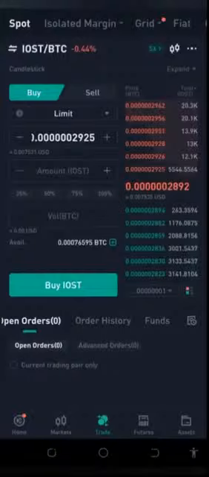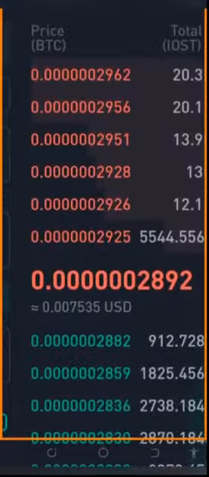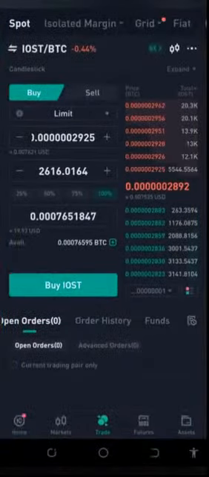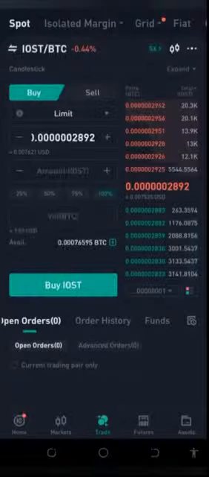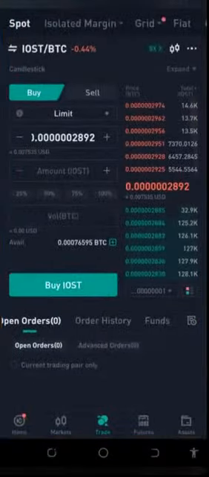And then, let's see. 2616. It's the same thing. So I think at this point I have to do this, and I'll go set my sell limit over there. Let me just do it again so that I'll be sure. I just hope something happens and the price goes down.